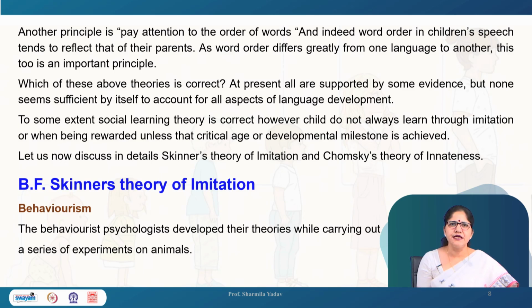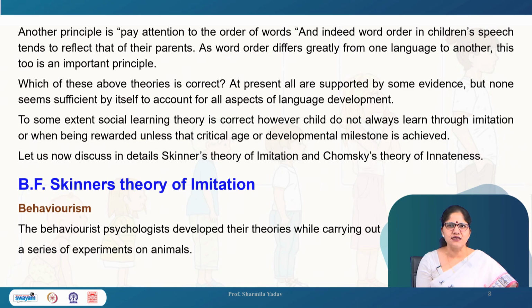Another principle is pay attention to the order of words, and indeed word order in children's speech tends to reflect that of their parents. As word order differs greatly from one language to another, this too is an important principle. Which of these above theories, whether innateness or imitation or social cognitive theory, is correct?